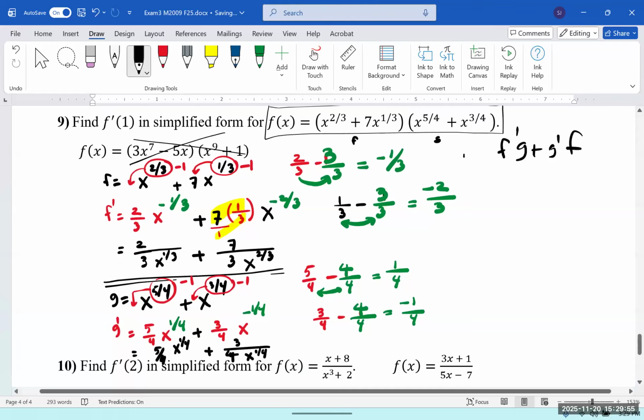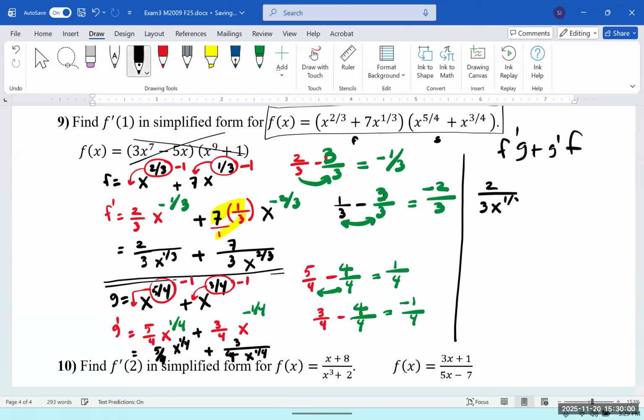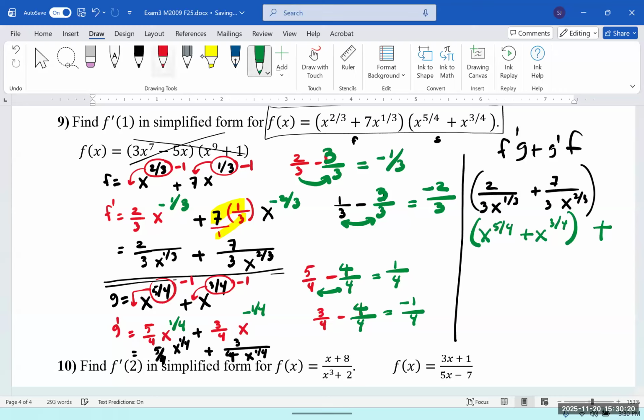So f prime is 2/3 x to the 1/3 plus 7/3 x to the 2/3. Your g is x to the 5/4 plus x to the 3/4, plus your g prime, 5/4 x to the 1/4 plus 3/4 x to the 1/4.